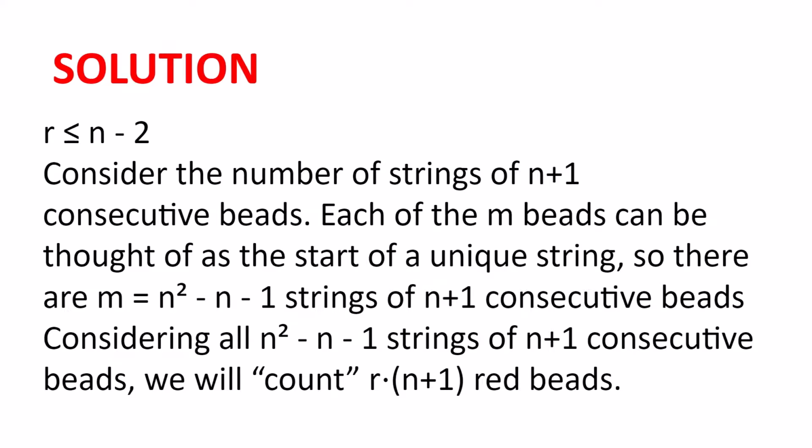Considering all n squared minus n minus 1 strings of n plus 1 consecutive beads, we'll count r multiplied by n plus 1 red beads, since every red bead, or in fact any bead, will be counted exactly n plus 1 times, as it can be the first, the second, the third, the n plus first bead of a sequence exactly once.